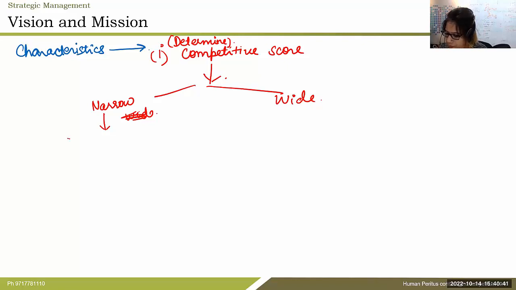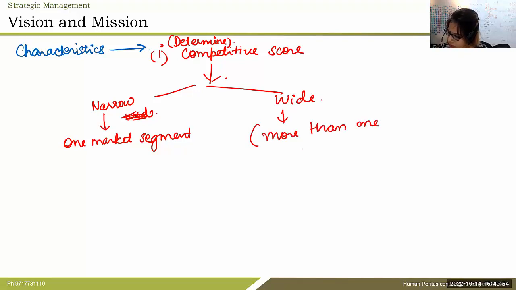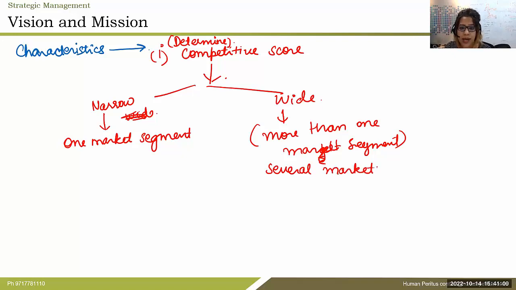Narrow is like one market segment. When we talk about wide, it means more than one, like several markets. So a mission should determine the competitive scope.